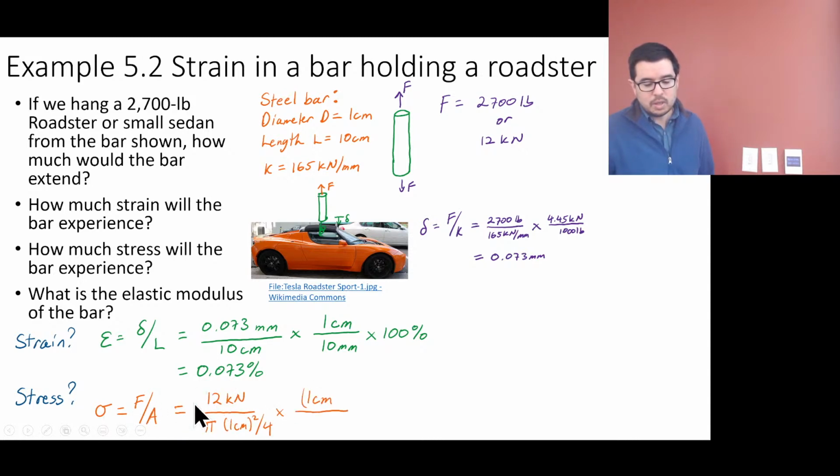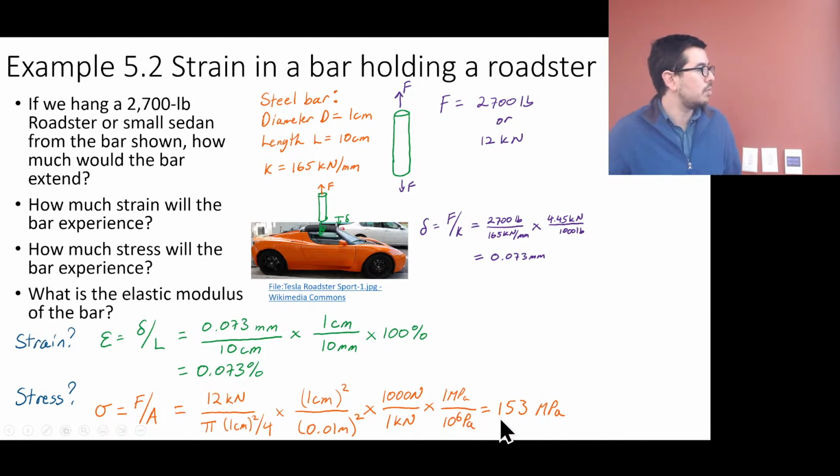We have 12 kilonewtons of force. I take the area as pi d squared over 4. We make sure we convert appropriately, get all into newtons per meter squared, and then divide by 10 to the 6 to get megapascals.